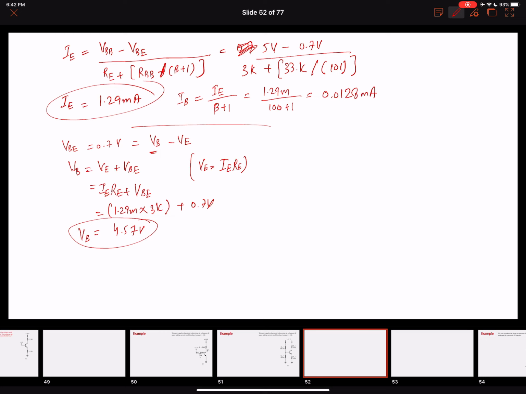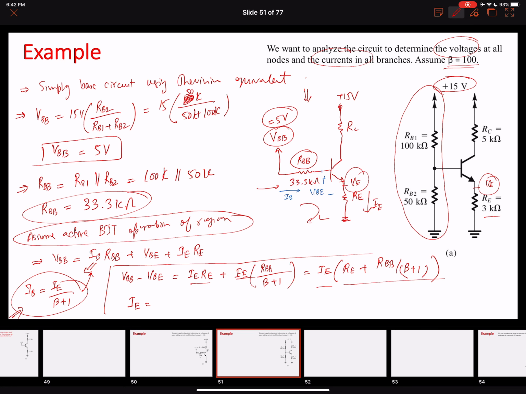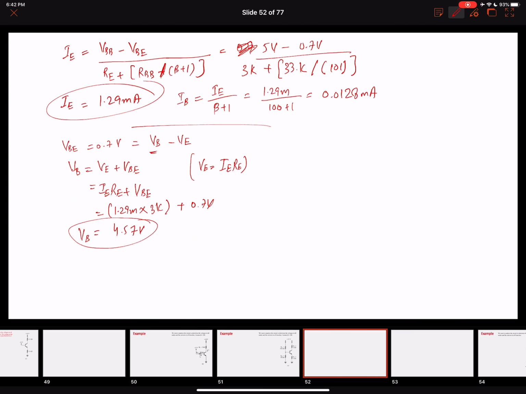Okay, the next thing we need to do is find the collector current, because in order to find the collector voltage, we need the collector current, and then we can compare the collector voltage to the base voltage and verify our assumption. To find the collector current, we can use the formula IC equals alpha times IE. Do we know the value of alpha yet?